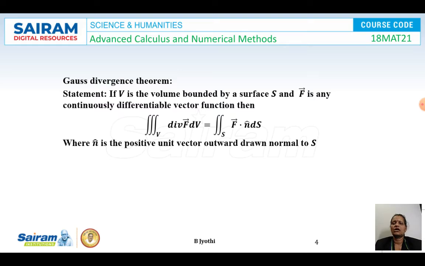Next is Gauss divergence theorem. The statement says that if V is the volume bounded by a surface S and F is a continuously differentiable vector function, then the triple integral over the volume V of div F dV is given by the double integral over S of F dot n cap dS.